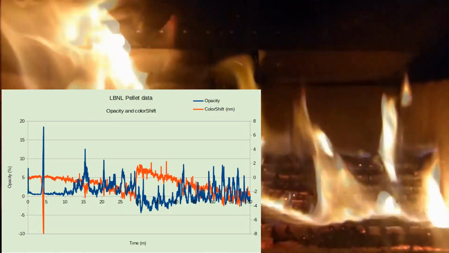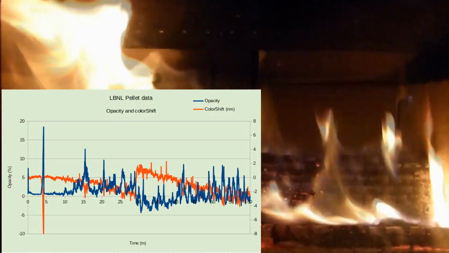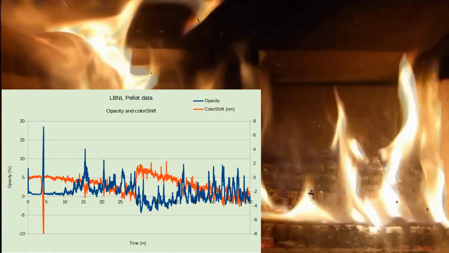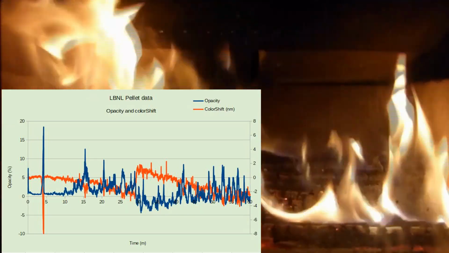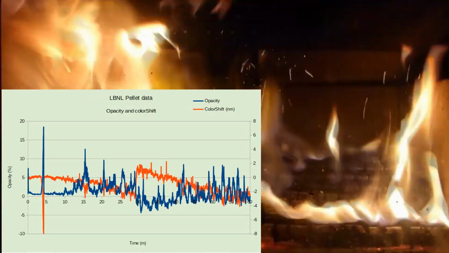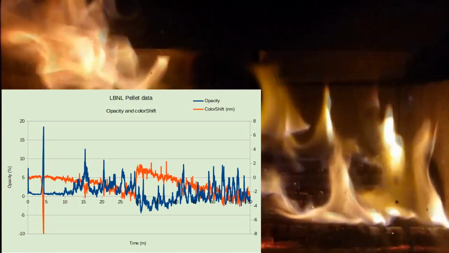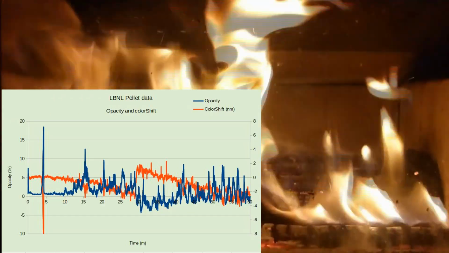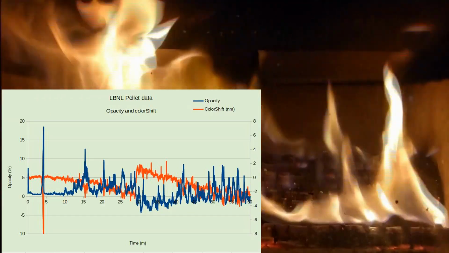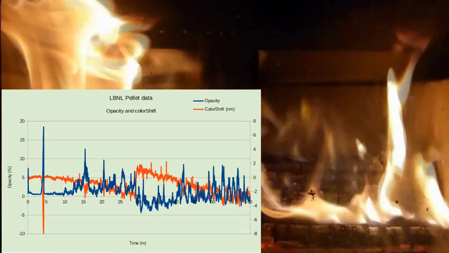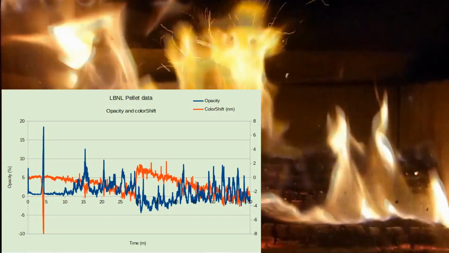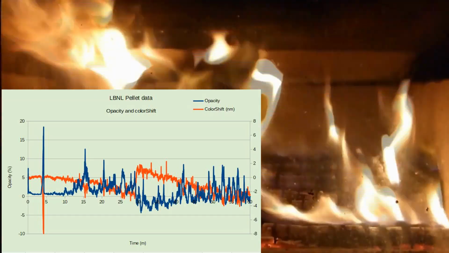The other thing, the red line, is the color shift. You can see that it does certain things in sync with the opacity. When you have a strong opacity signal, you'll also get a strong but possibly negative color shift signal. It's a different type of signal in that we're shifting the color to one side. Red would be up and blue would be down.